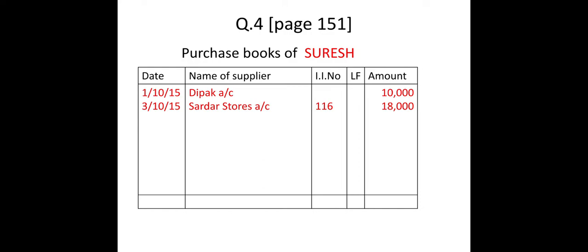Now we are in October 15. Placed order with Rajesh for supply goods of 20,000. Now student, you know very well that order is always a non-economic transaction. We cannot record order. Okay, so we will skip it. We will avoid this transaction.